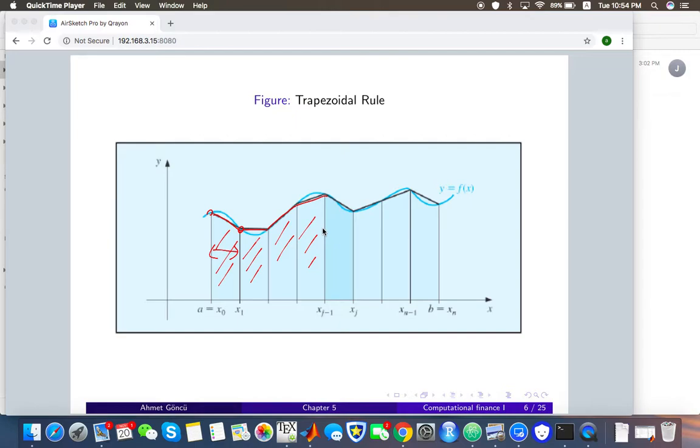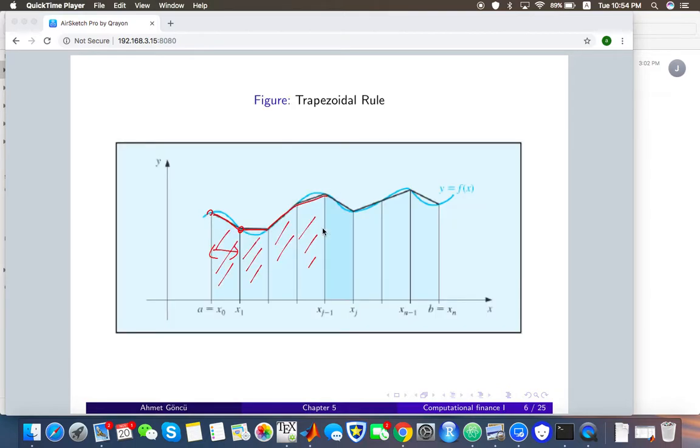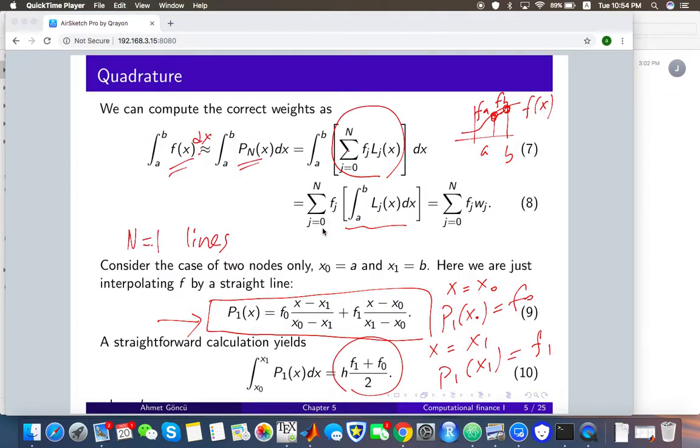So if we write the area of each trapezoid and consider the sum over all these intervals, we can get this more general formula here. And you can notice one thing, looking back again to the 2-point example: you have f of 0 and f of 1, and we are dividing by 2.